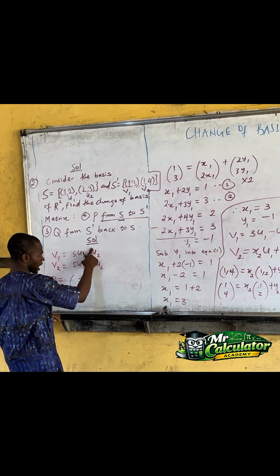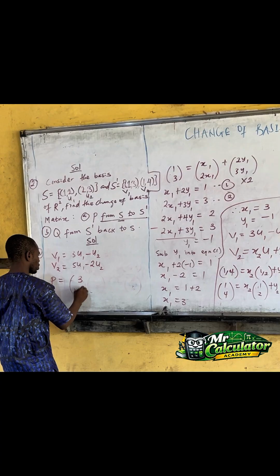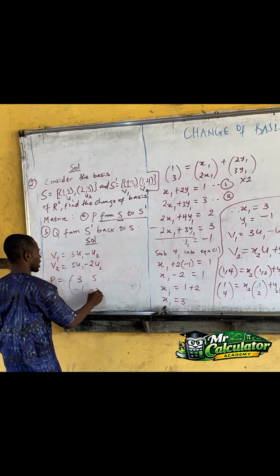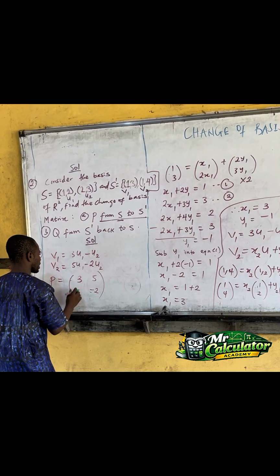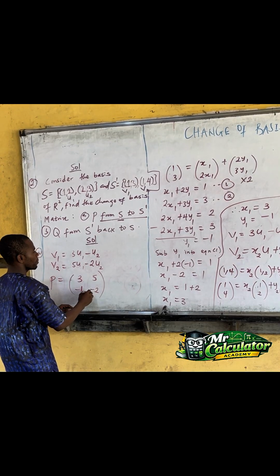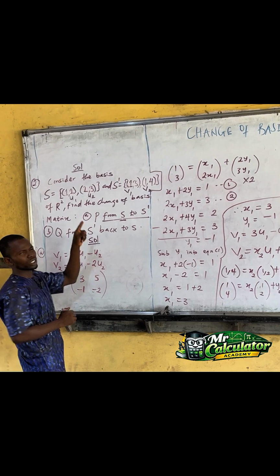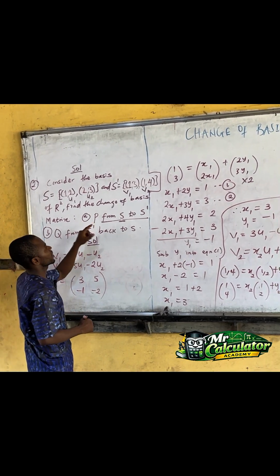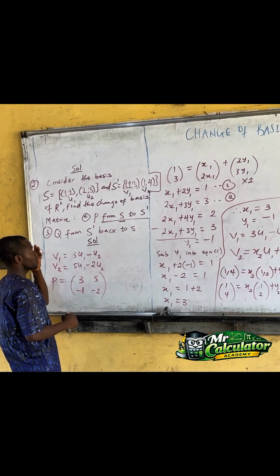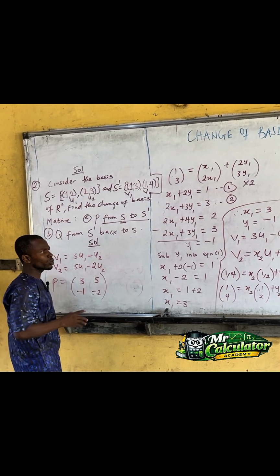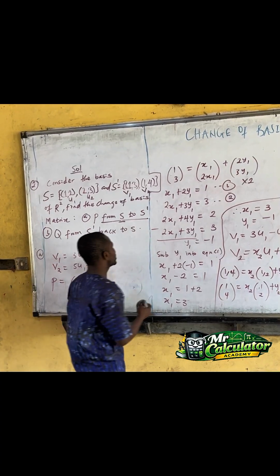Minus u2 means minus 1 u2. Minus 1. This one is 5. This one is minus 2. This is my final answer: 3, minus 1 and 5, minus 2 is for question A, which means I've written the change of basis matrix P as this, changing it from S to S prime. Now, coming back to question B, let's go to the B parts.